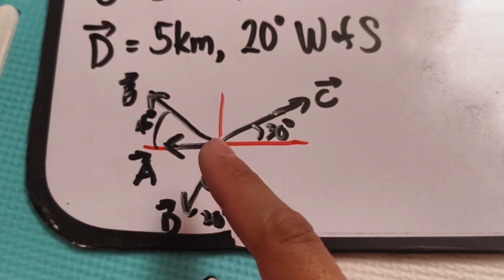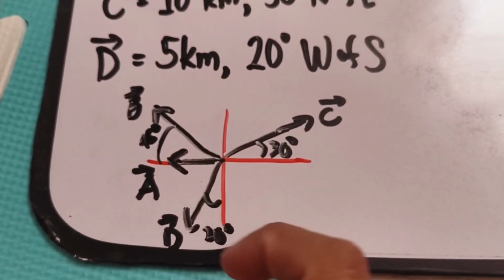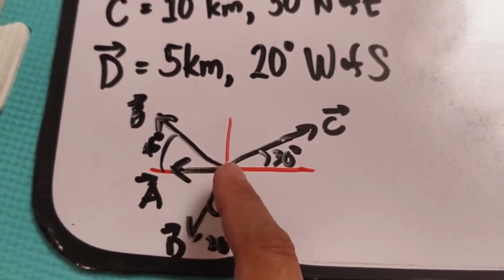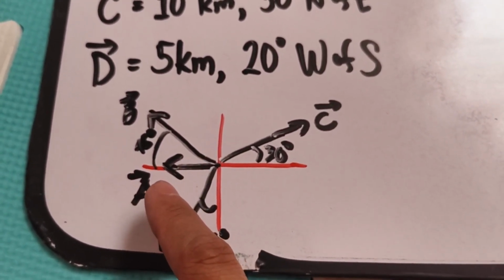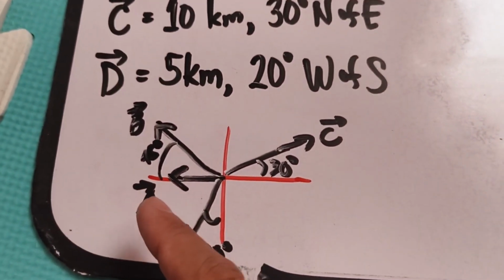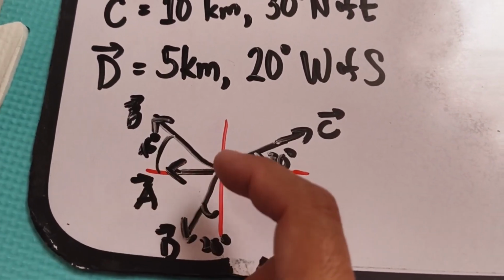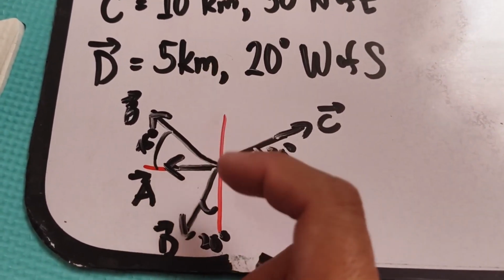Dito pa lang sa diagram, malalaman mo na agad kung ano yung sign or kung zero ba siya. So, vector A, alam natin, wala siyang y component. Meron siyang x component. At ito ay negative kasi nasa negative x-axis. Si vector B naman ay merong negative na x component at positive na y component.